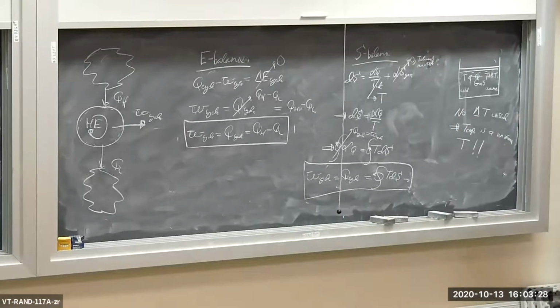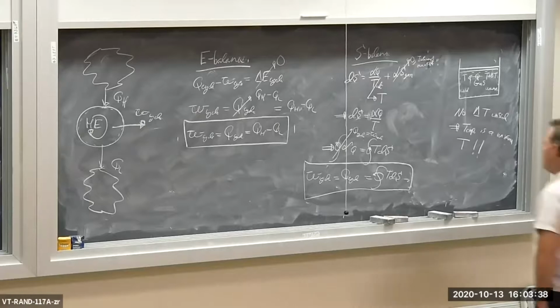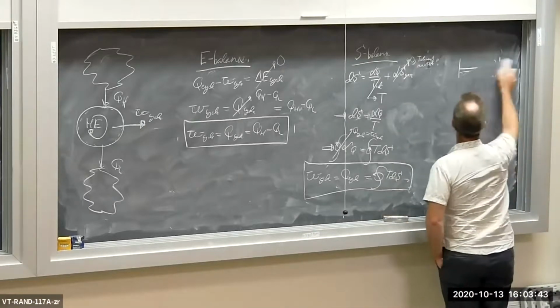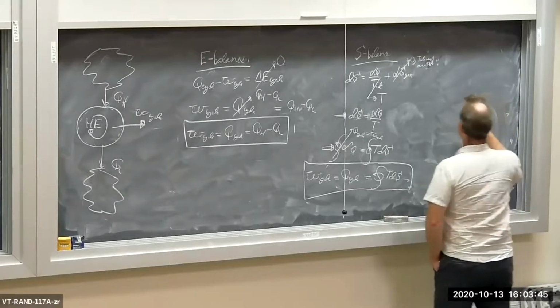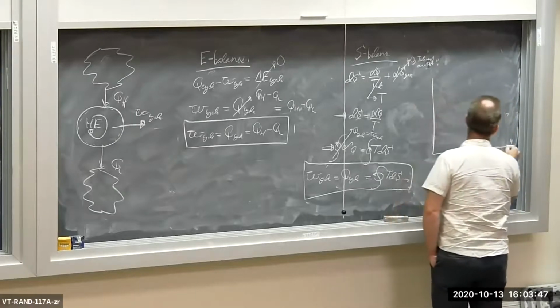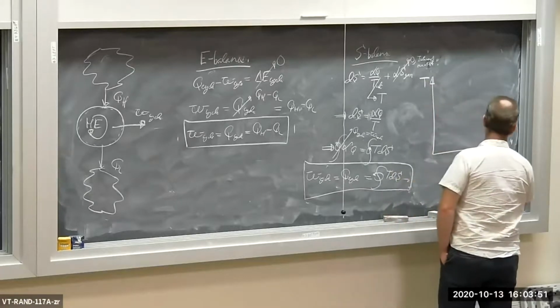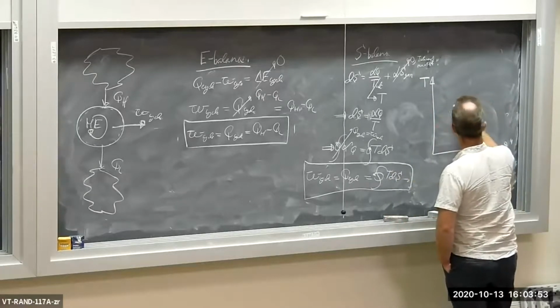The cycle work for our internally reversible piston cylinder device closed system is equal to the integral of T dS. What does that mean? That means if I plot my cycle on the temperature-entropy plot, TS, here's my cycle.